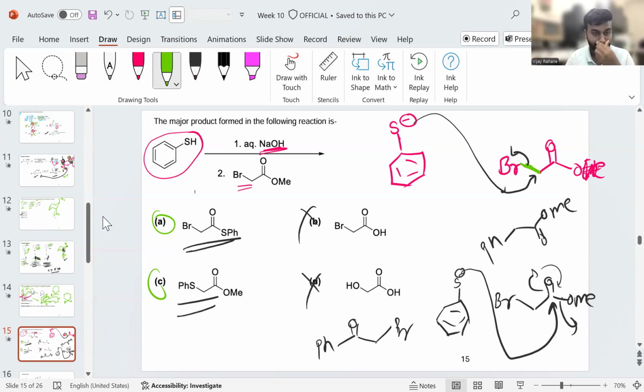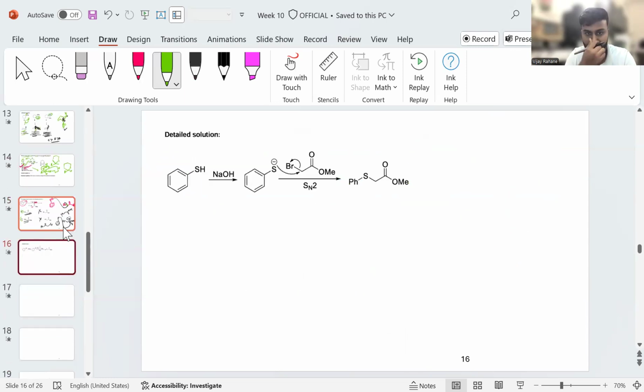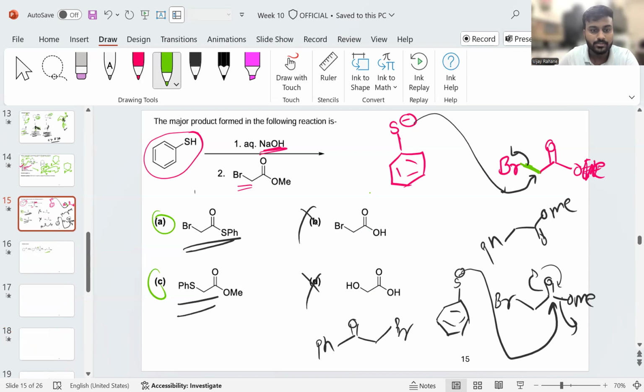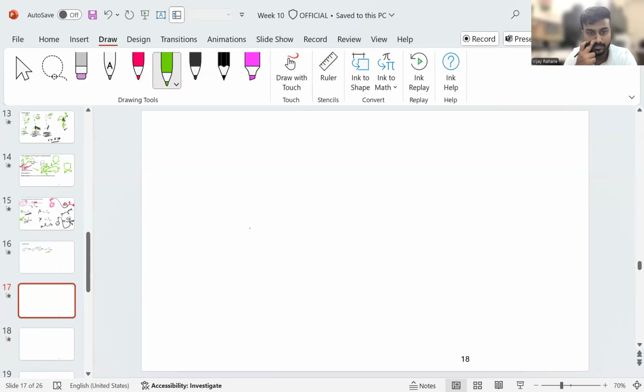So if you look at the answer for this one, once this S negative forms, it attacks on this bromo, and this bromide elimination takes place. So it gives the formation of option C as a product, not the option A. So this is the question from the selectivity.